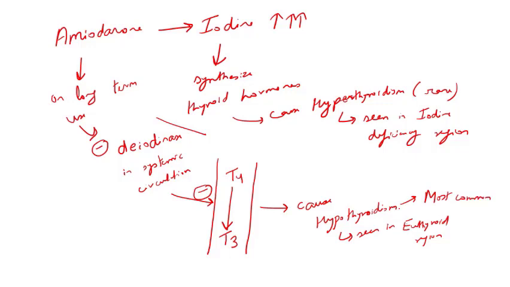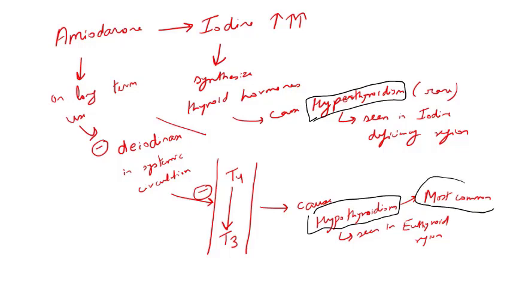This is the effect of amiodarone on thyroid function. So amiodarone causes side effect hyperthyroidism, which is rare and is seen in iodine deficiency region. And it also causes side effect hypothyroidism in euthyroid region, and this is most common. What is the mechanism?